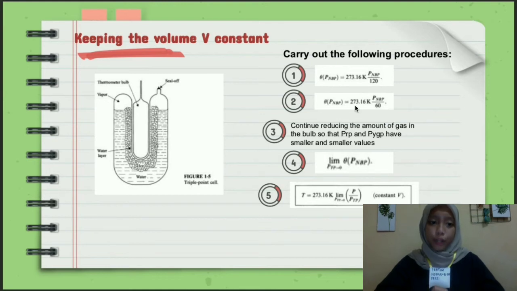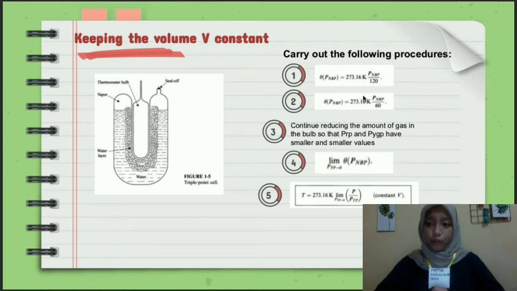The second procedure is to remove some of the gas so that PTP has a smaller measured value, and we can say that 120 is replaced with 60 kPa. So we have a new equality: theta of PNBP equals 273.16 Kelvin times PNBP divided by 60.